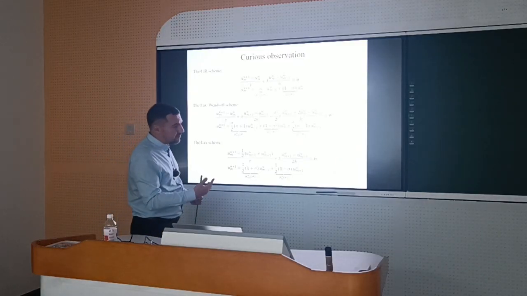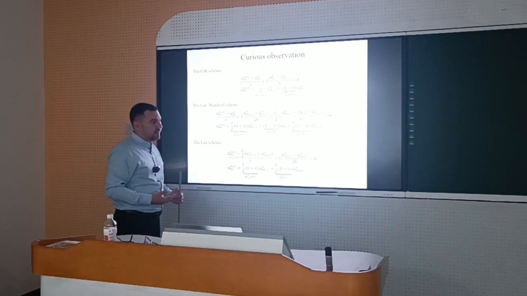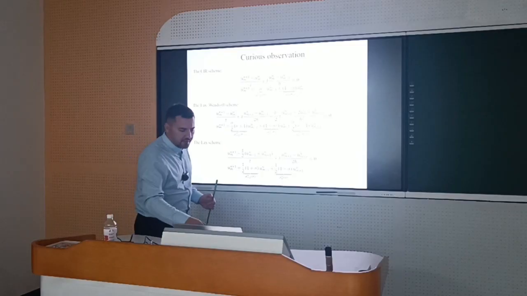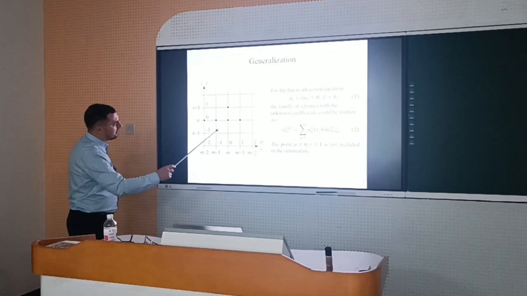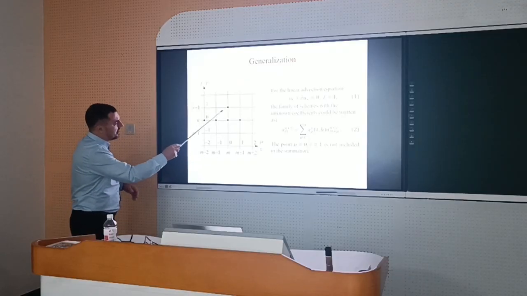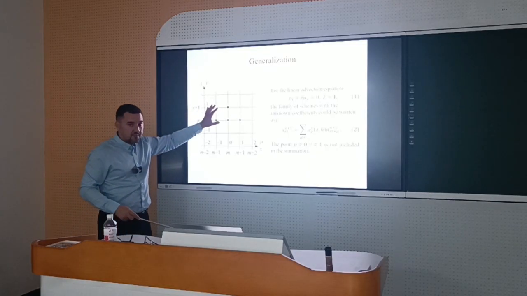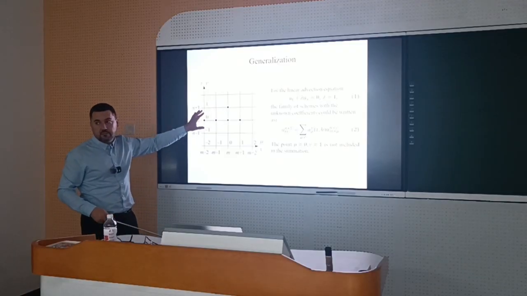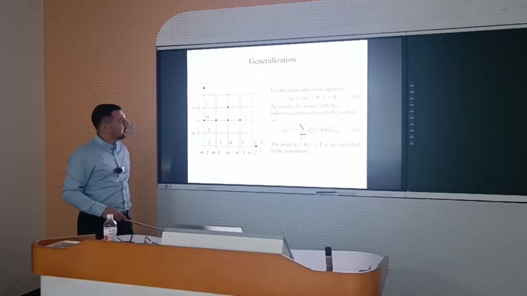The idea is very close to the method of undetermined coefficients that we discussed two lectures ago, I think. So consider this grid stencil. This grid stencil is common for the Courant-Isaacson-Rees scheme, for the Lax scheme, and for the Lax-Wendroff scheme. All the schemes that we have discussed can be written for this stencil.